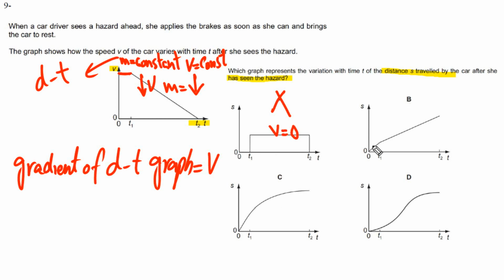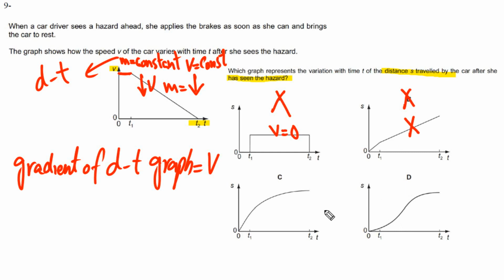If we look at option B, the first part is telling us that the velocity is constant, but the second part is also telling us that the velocity is constant because the gradient is constant. This is also not possible, because the gradient in the second part from t1 to t2 has to decrease.